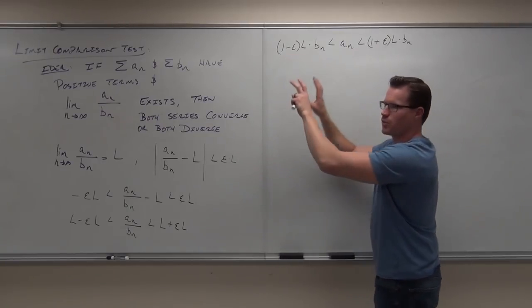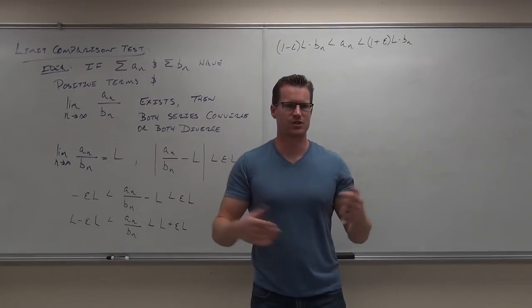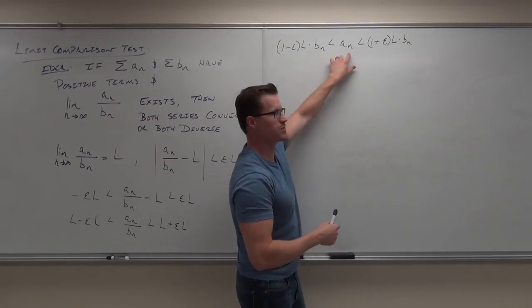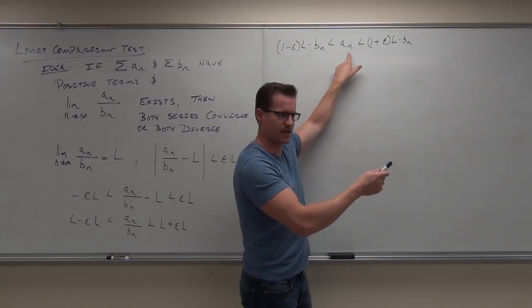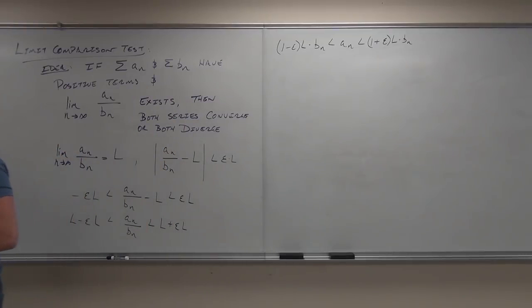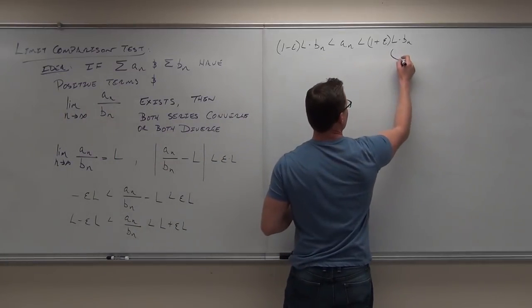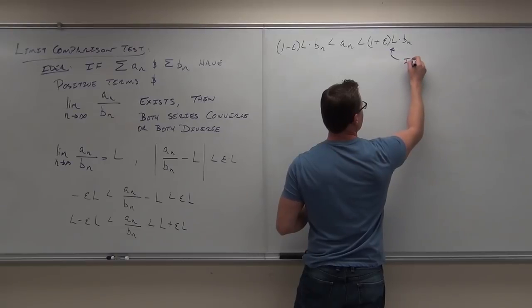So if B sub n converges, no problem, A sub n converges. If B sub n diverges, A sub n also diverges. That's the idea. Show hands if you understand the idea. That proves this theorem here. I'll write that real quick and we'll be done.